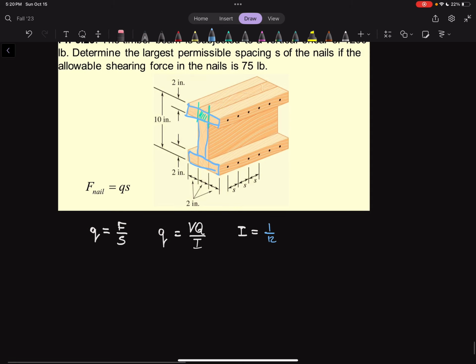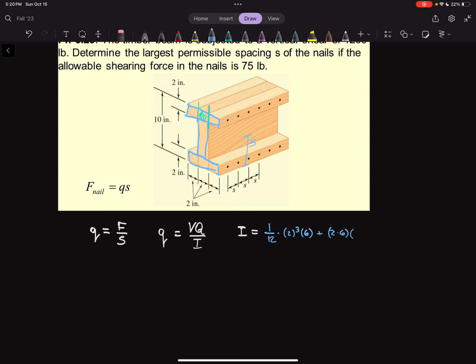1 over 12 times 2 to the third times 6. How much am I going to shift it? That's the area. I'm going to shift it, let's see. The height is going to be at 5.